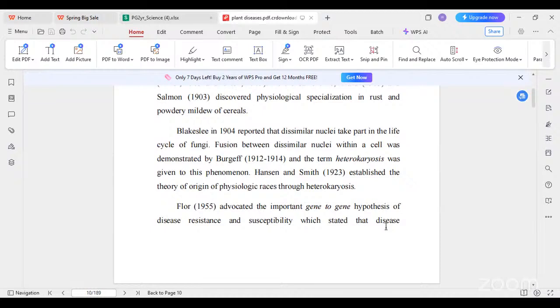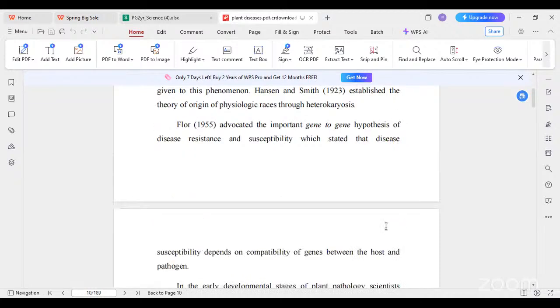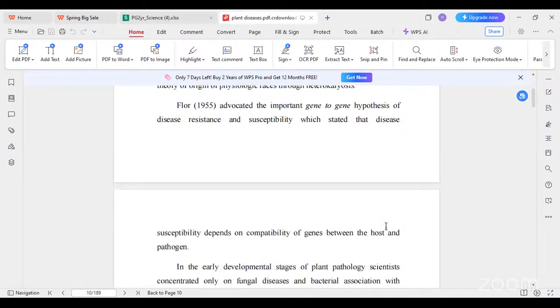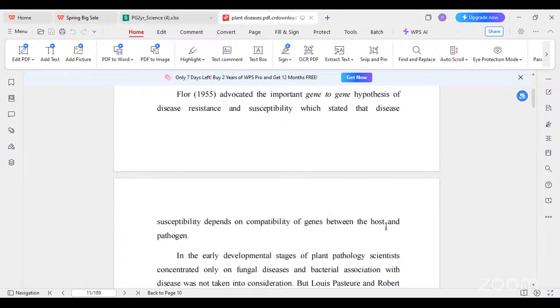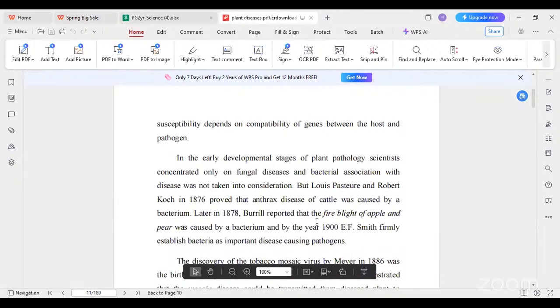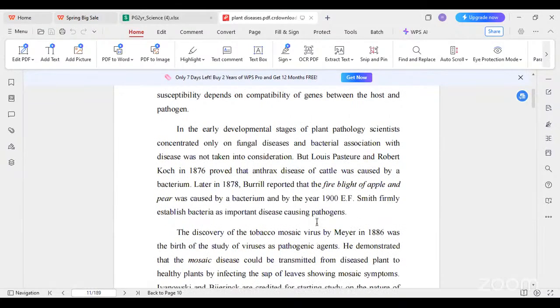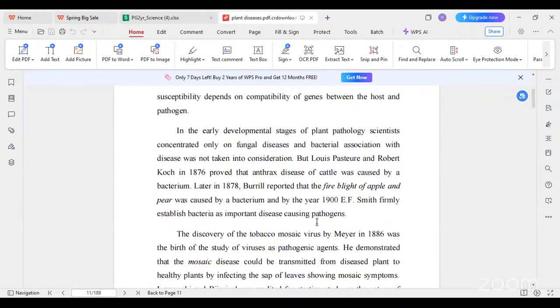Hansen and Smith in 1923 established the theory of origin of physiologic races through heterokaryosis. Flor in 1955 advocated the important gene-for-gene hypothesis of disease resistance and susceptibility, which stated that disease susceptibility depends on compatibility of genes between the host and pathogen.